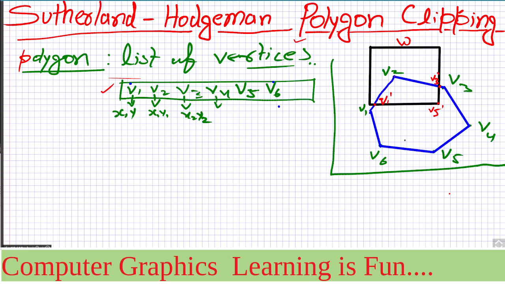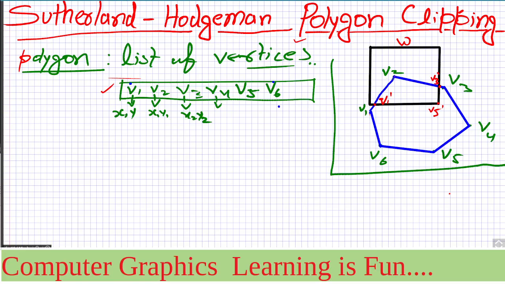So for this, what the Sutherland-Hodgeman Polygon Clipping algorithm suggests is very simple. We have a window and we have the boundary of the window. At the same time, this polygon also has a boundary. The boundary is v1, v2, v3, v4, v5, v6.